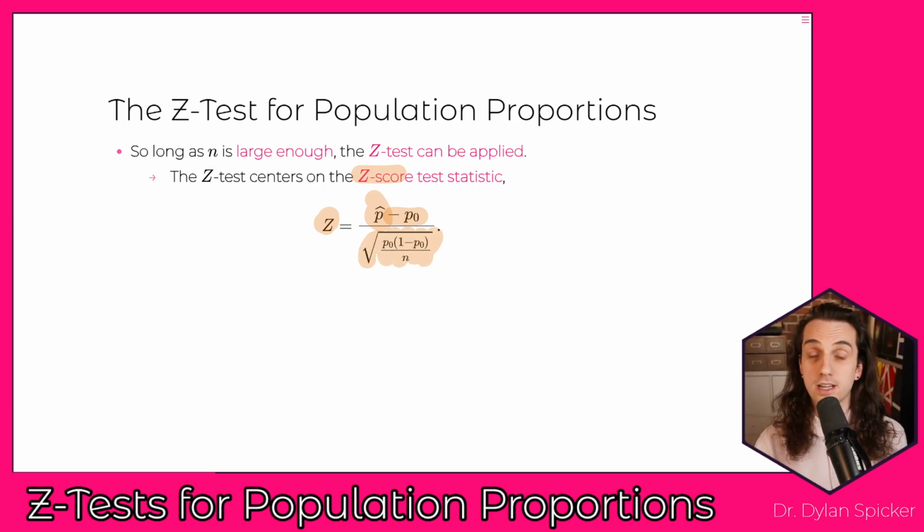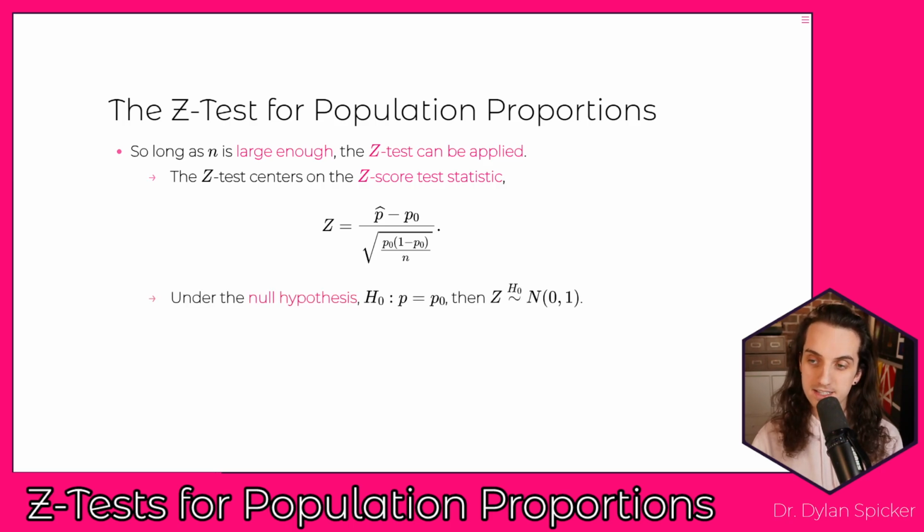This is our standardization procedure that we're used to using in normal calculations. Under the null hypothesis, we know that the true proportion is p naught, so p naught gets filled in for p. The variance is p times (1 minus p) over n, so here we fill in p naught times (1 minus p naught) divided by n, and square root that because we need the standard deviation, not the variance.